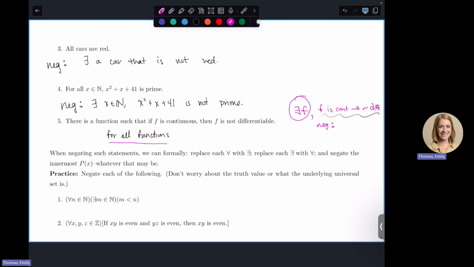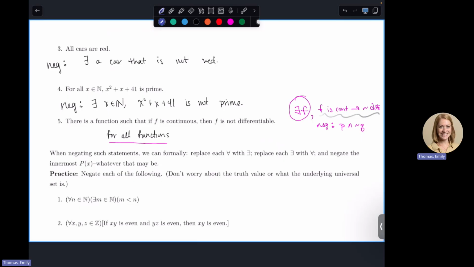What's the negation of an if-then statement? When is the only way to show me that a conditional is not true? Yeah, it's that the P part happens and the Q part does not happen. Right? So how would this actually go with the whole thing here? For all functions f, you did it again. You still made it an if-then statement. Okay, where f is continuous and not differentiable.